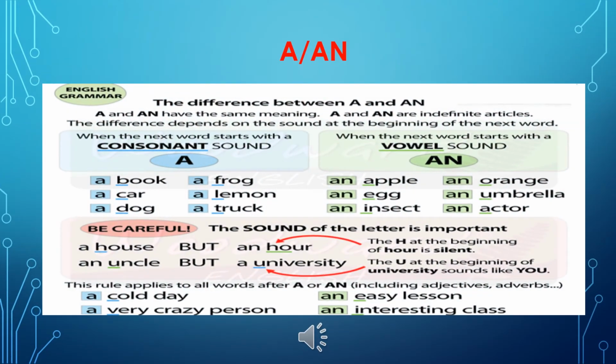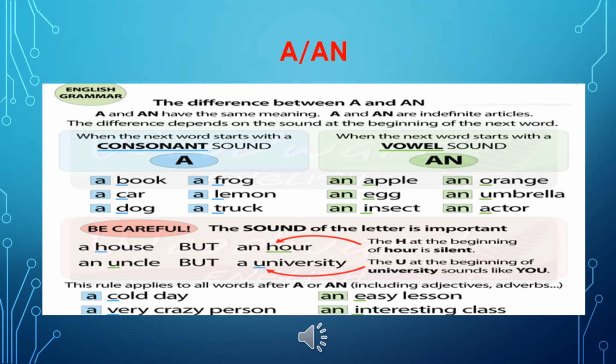So this is more examples to show you the difference between a and an. When the next word starts with a consonant sound, we use a. A book, a car, a dog, a frog, a lemon, a truck.